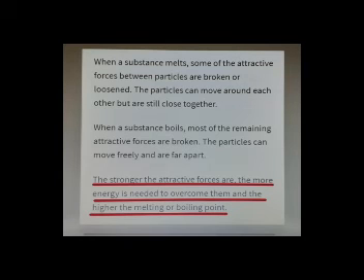Moreover, the stronger the attractive forces are, the more energy is needed to overcome them and the higher the melting point or boiling point.